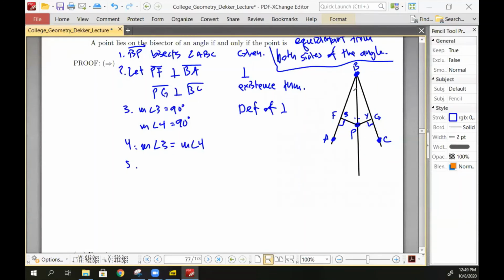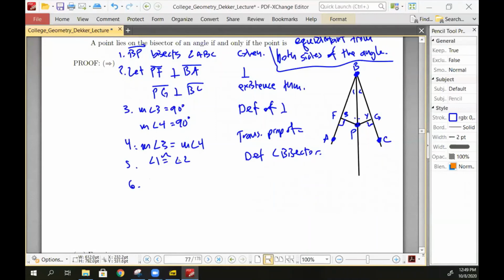So we'll call them angle 1 and 2. Angle 1 is congruent to angle 2. And this is because of the definition of an angle bisector. And this step here was just the transitive property of equality.